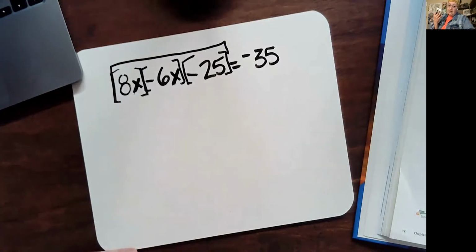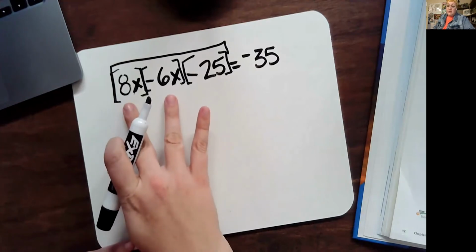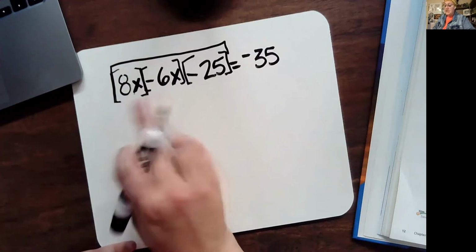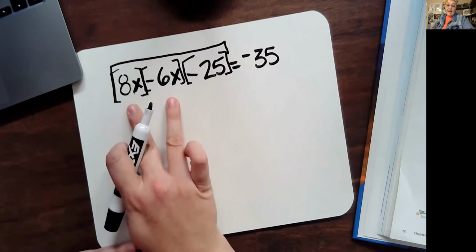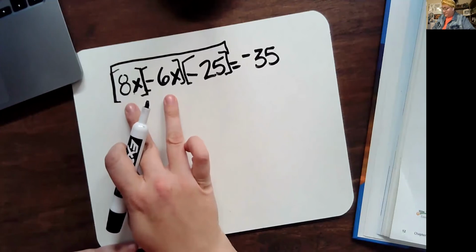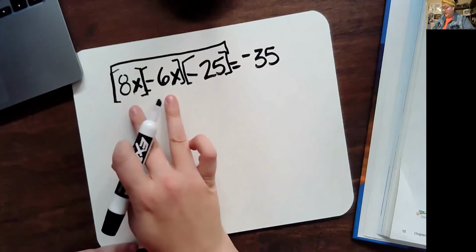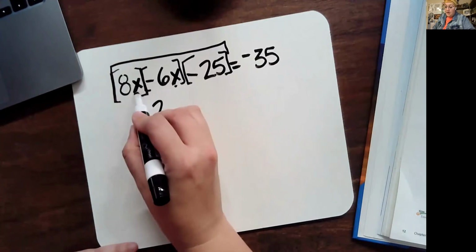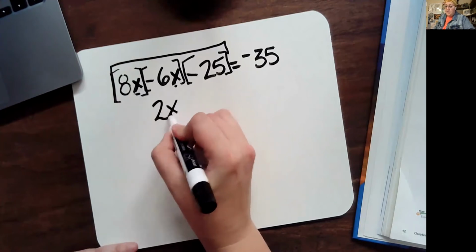So we can take our knowledge of the number line and positive and negative integers, and we are going to just combine 8 and negative 6. It's just as simple as adding those two. If we combine 8 and negative 6, we're left with 2, and it has our variable x, so we keep x.